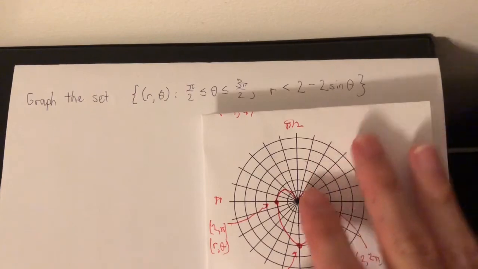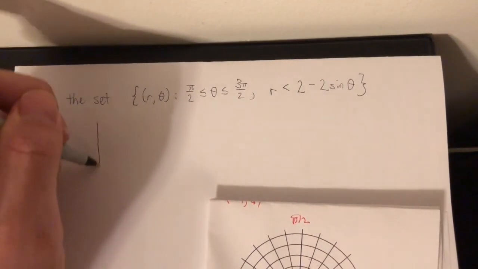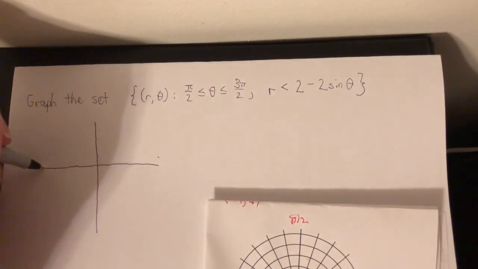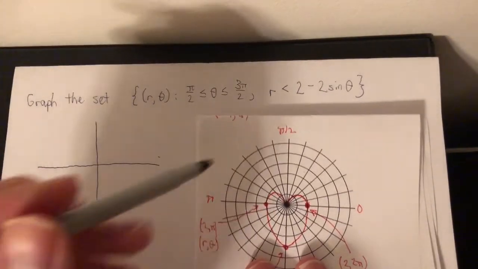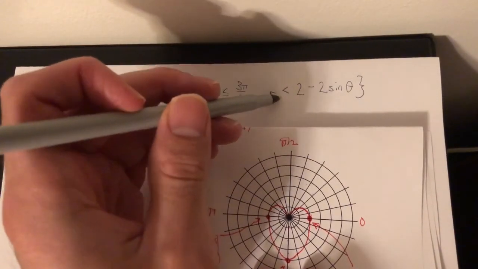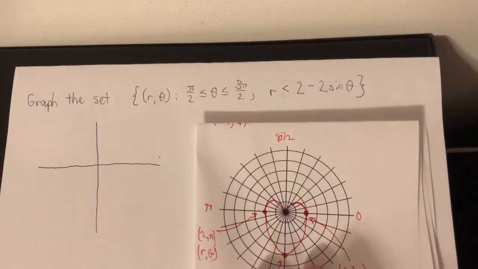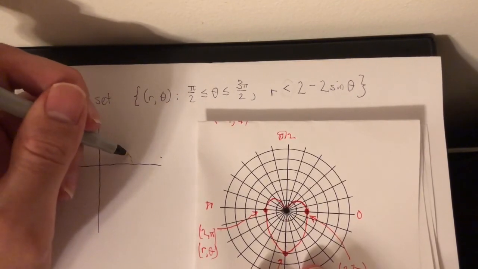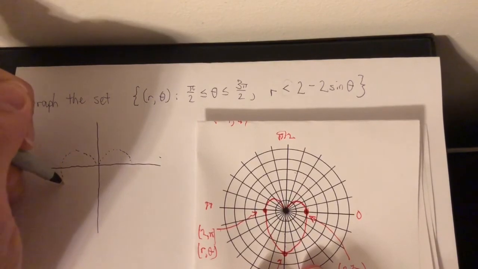I'm just going to sketch this out. I'm not going to be real precise here. But notice that this is a less than sign. So if you remember from doing inequalities by graphing in the past, I don't actually want to include the cardioid. I'm just going to do a dotted line here.